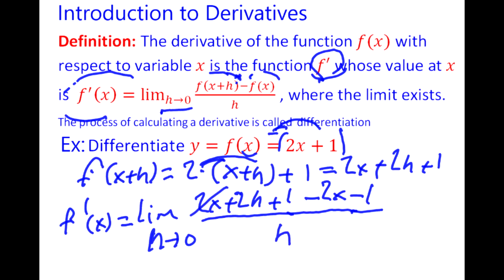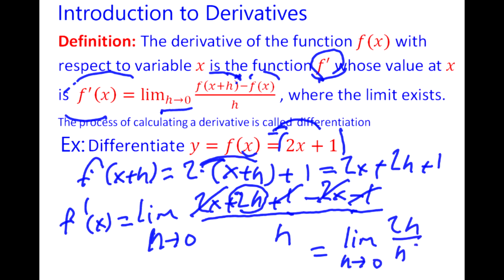Here we have 2x and we have negative 2x, those are gone. We have plus 1 here, we have negative 1 here, those are gone as well. And the leftover is just 2h, and in the denominator we have h, guys. So this is going to be equal to the limit when h goes to 0 of 2h divided by h, and those h values are gone as well, the variable is gone, and the leftover is 2, guys.